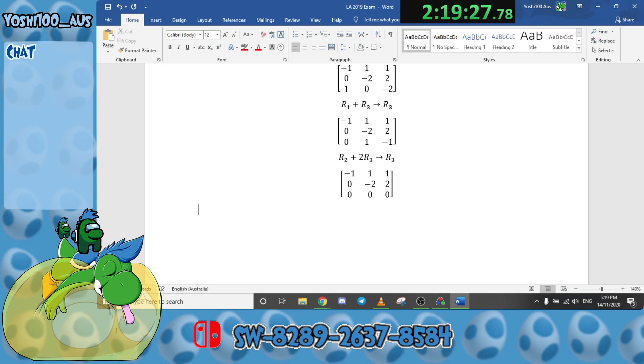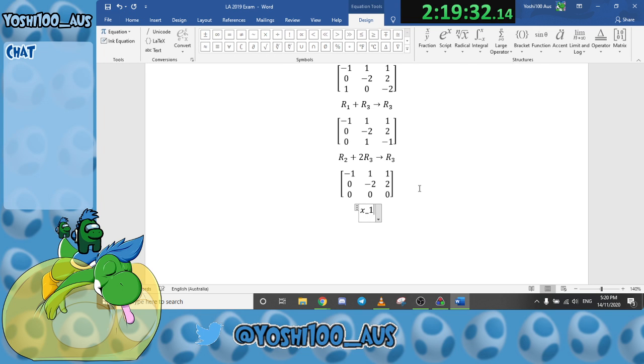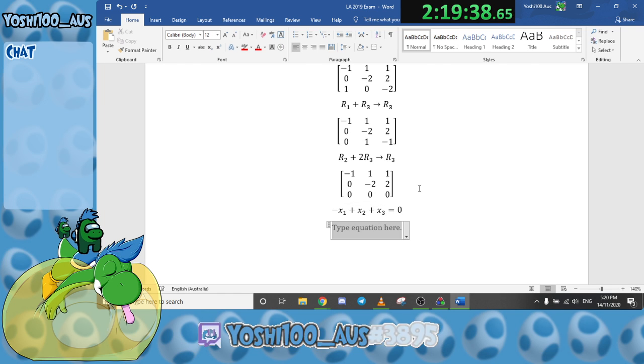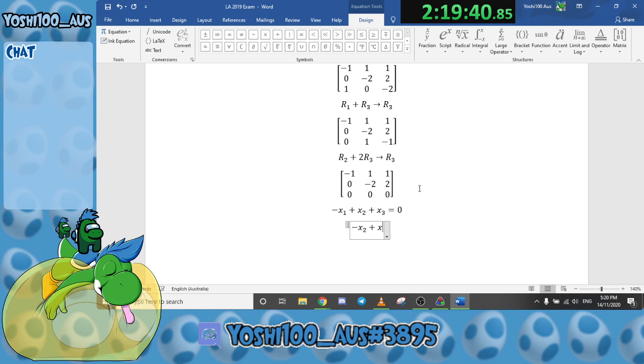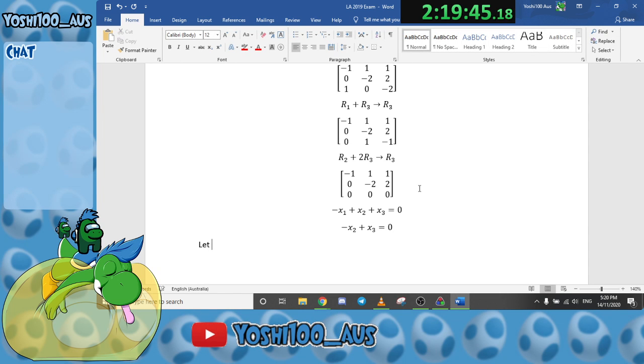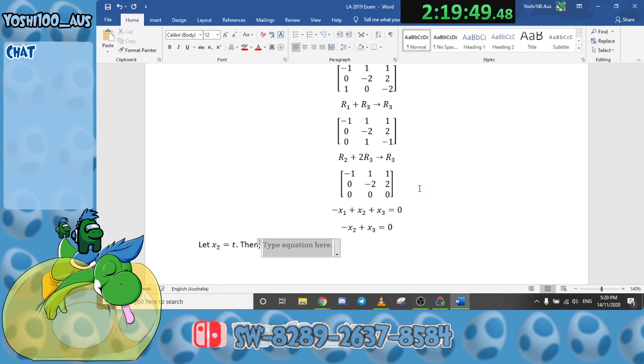Did not even realize. And then that gives us the values x1 plus x2 plus x3 equals 0, and minus x2 plus x3 equals 0. Here you can set let x2 equal t, then x3 equals t.